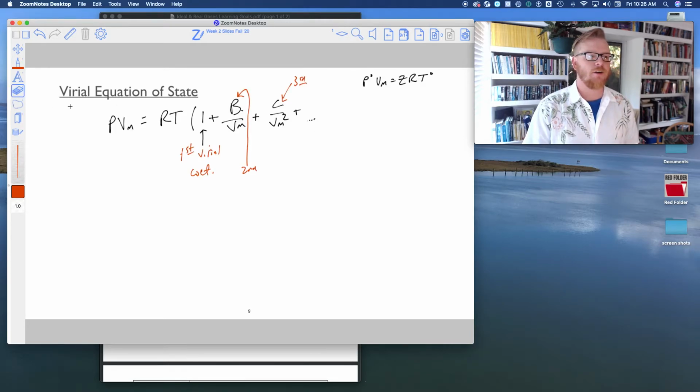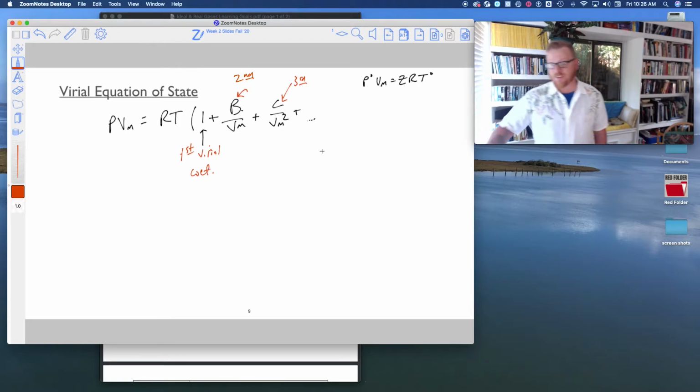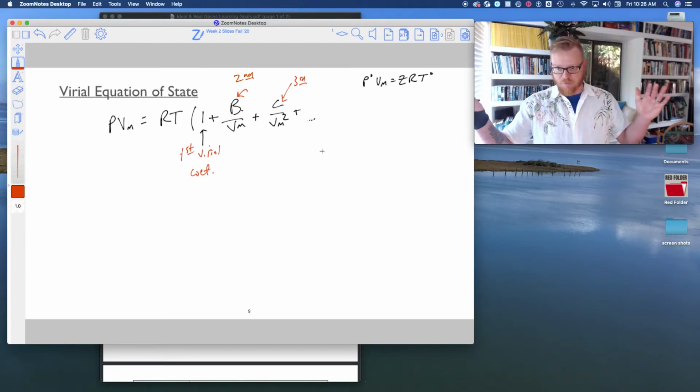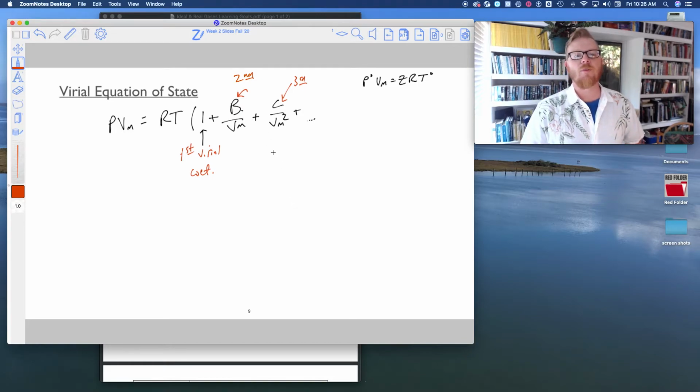I'm going to actually clear up some room for myself here. Okay. Yes, second. And of course, if we wanted a fourth or fifth or sixth or seventh, this is an expansion of powers, then we recognize it would be like 1 over Vm cubed, and D would be the fourth coefficient.